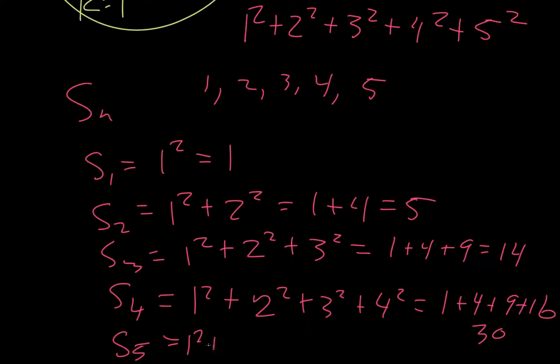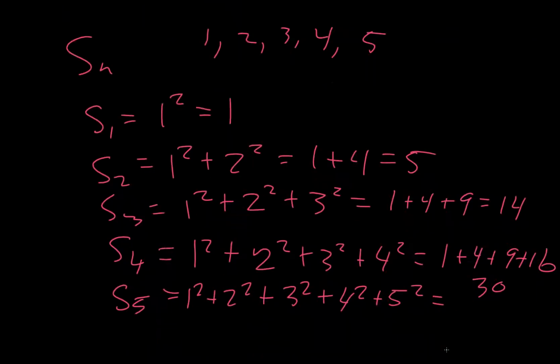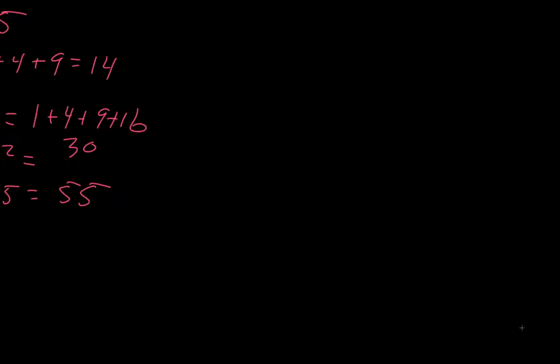And then this will be 1 squared plus 2 squared plus 3 squared plus 4 squared plus 5 squared, which is 1 plus 4 plus 9 plus 16 plus 25, which is 55. Okay, so that finished out example 22. Now we can move on to example 23.